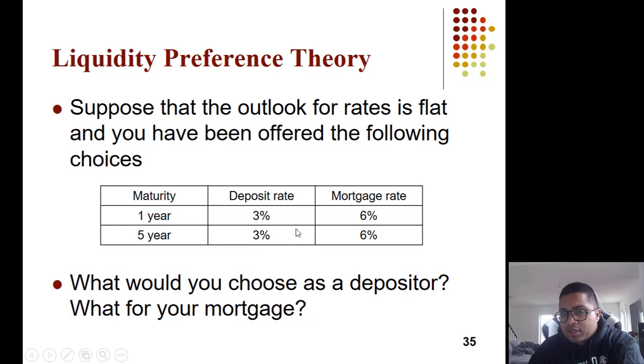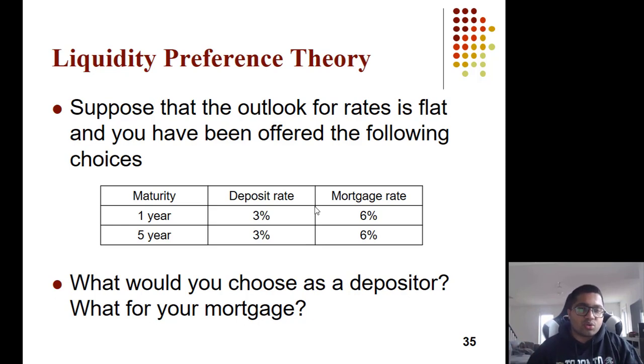Now if it doesn't happen, what will happen? Everyone will invest in a 1-year deposit, because they will not go for a 5-year deposit when the interest rate is the same. And everyone will lock in long-term mortgages because the 1-year mortgage is also 6% and the long-term mortgage is also 6%. So banks would have an asset liability mismatch. Most depositors will take short-term deposits and try to roll them over, and most people who take loans will take long-term loans.